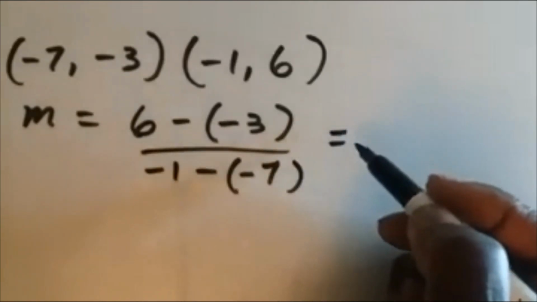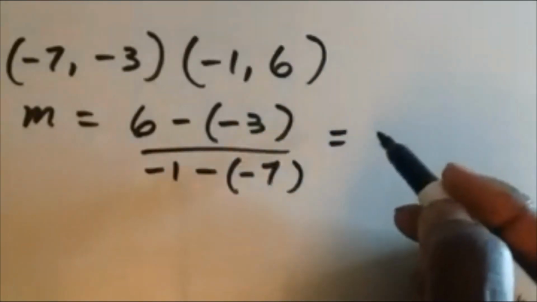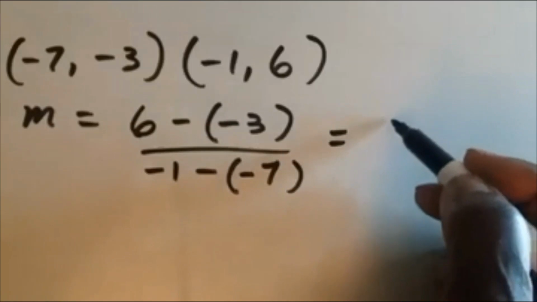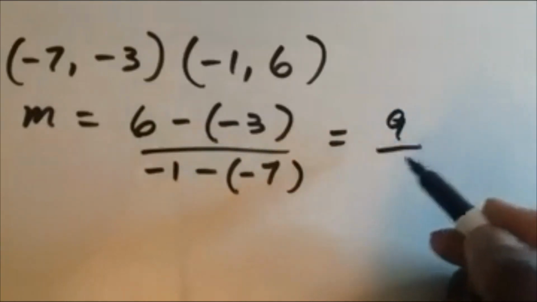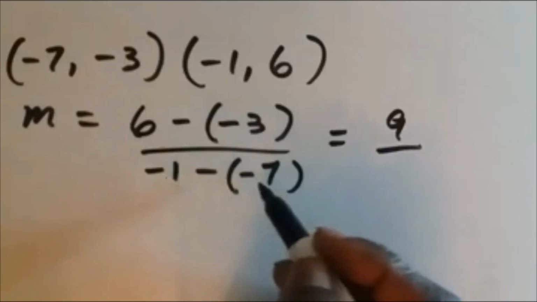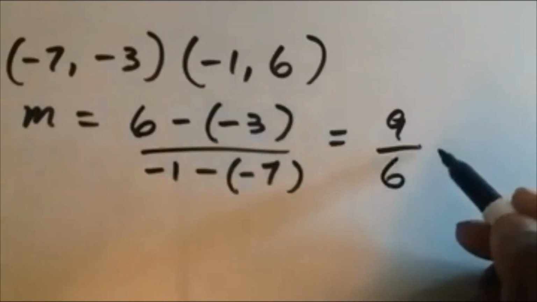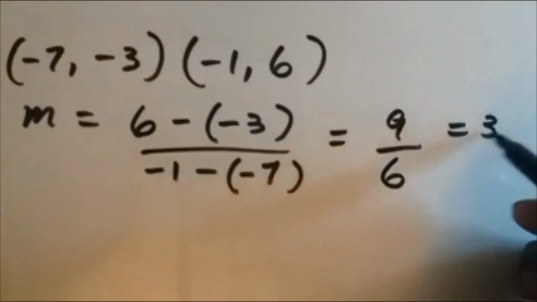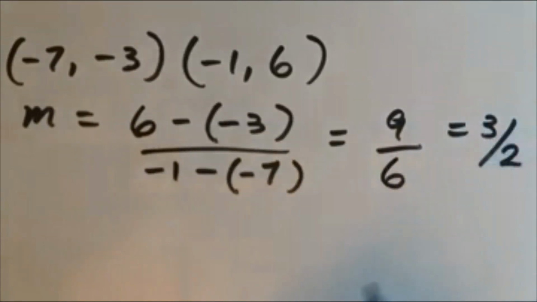In the numerator we have 6 add 3, which is 9. In the denominator we have negative 1 add 7, which will give us 6, which simplifies to 3 over 2 as our gradient.